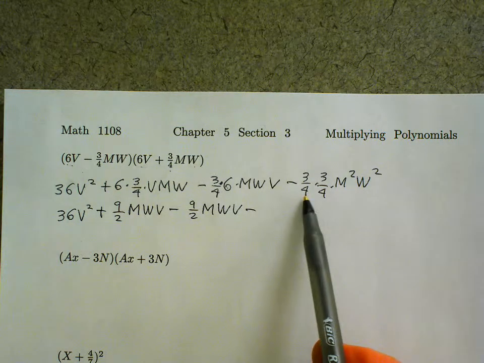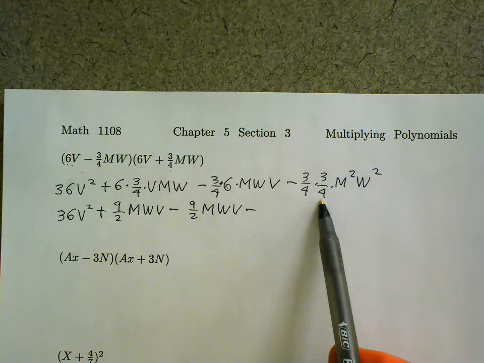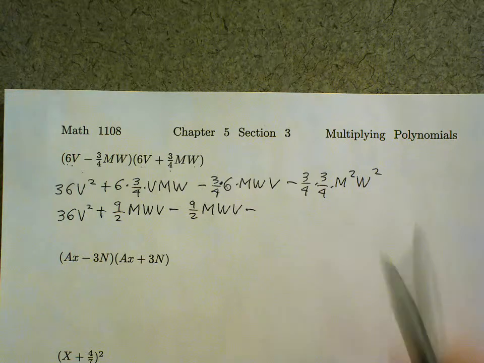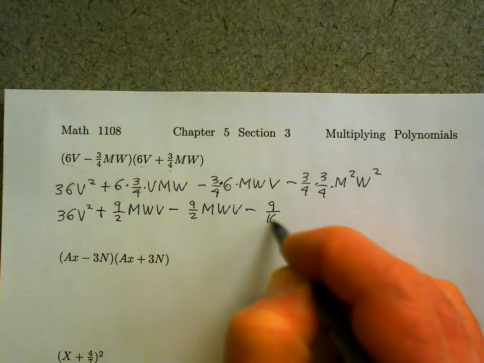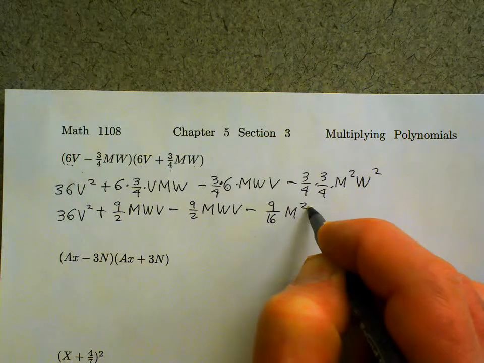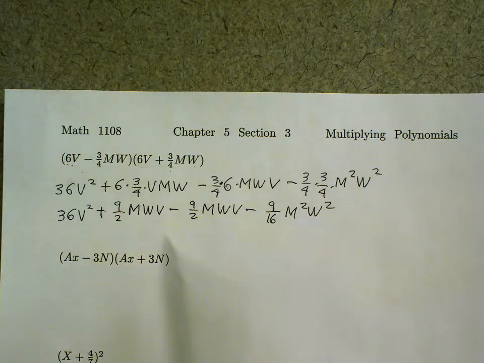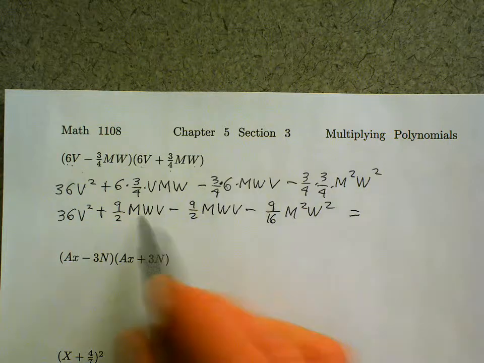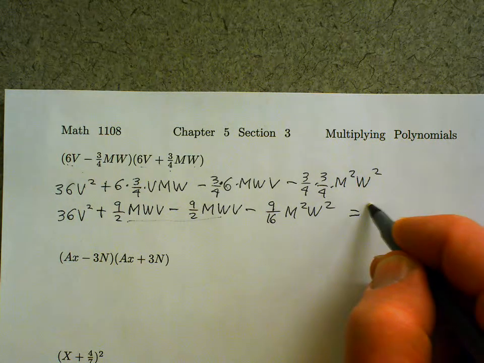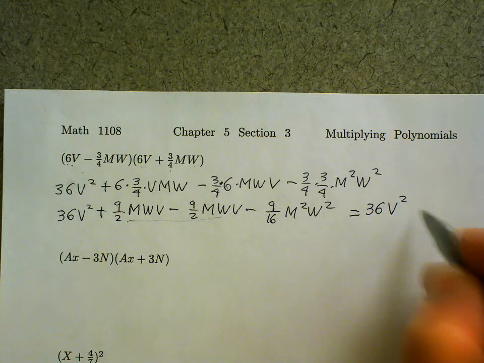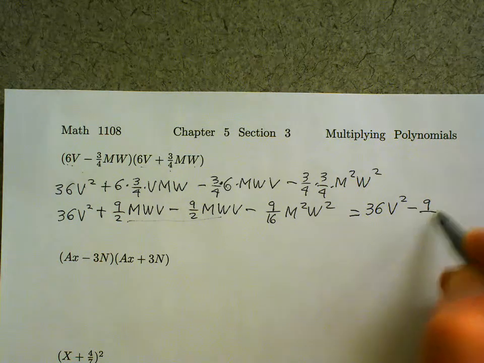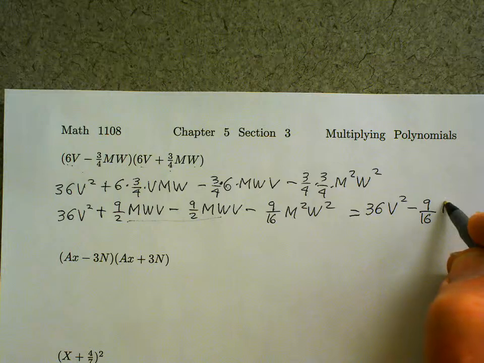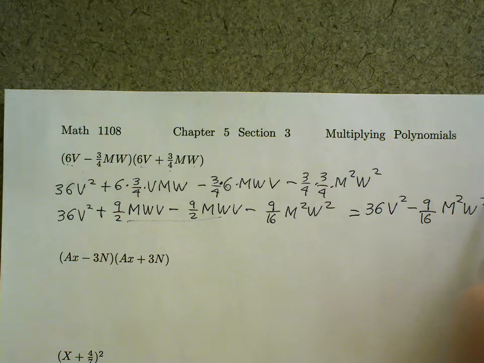And then on the right, minus 3/4 times 3/4 times m squared w squared is minus 9/16 m squared w squared. And the two middle terms add up to 0 again, or combine to give us 0. So when we eliminate those, we're just left with 36b to the second minus 9/16 times m to the second w to the second.